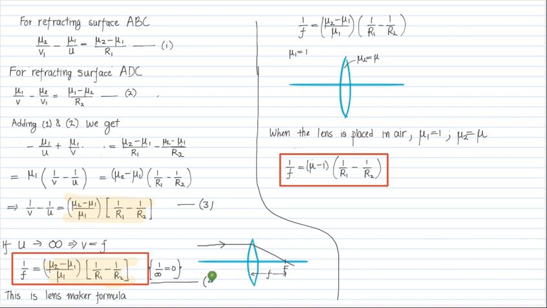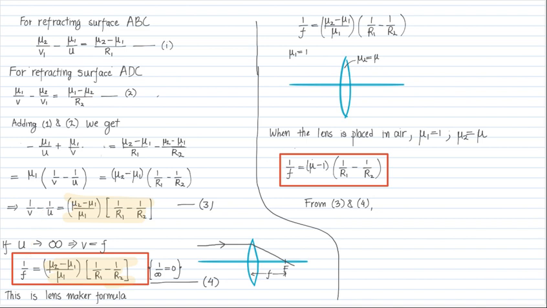Now look at equation 3 and equation 4. Compare the left hand sides. Since the right hand sides are equal, the left hand sides are also equal.